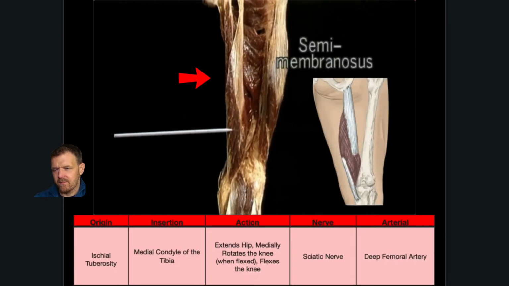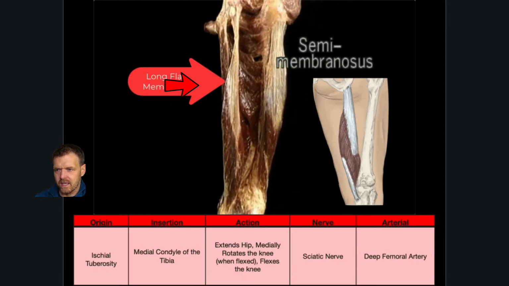So there's semimembranosus, and the reason why it's called semimembranosus is because it is half membrane. We've got this long, fat, flat membrane, and then the muscle belly just starting around about here. Now you know that. Semitendinosus means half tendinous.